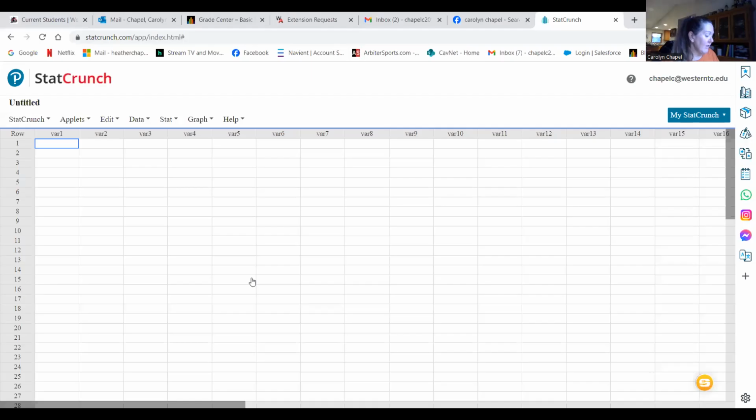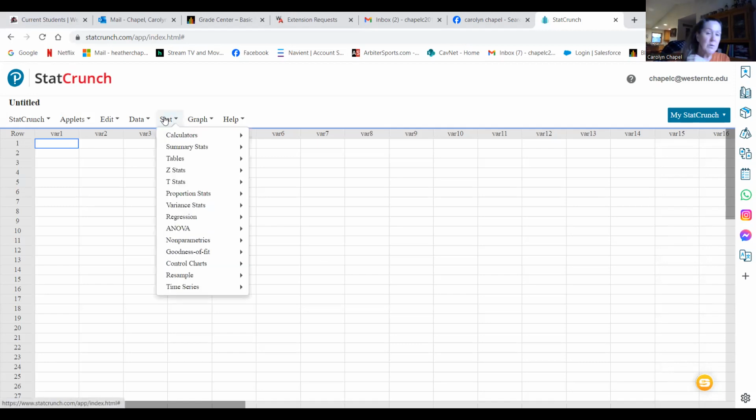Okay, so I'm in StatCrunch. Now, you don't really need to enter any data here, but if we did have the original data, we could put some of the data in here. But we're going to go to our stat button here. So again, if we're doing a confidence interval for proportions, we're going to go to stats, and we want to go down to this proportion stats.